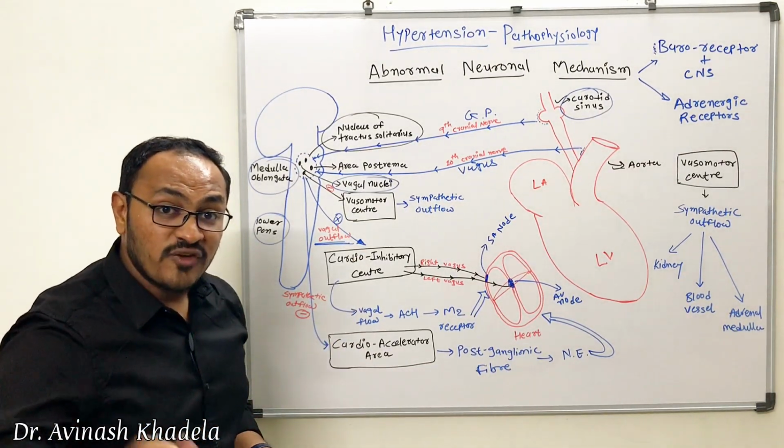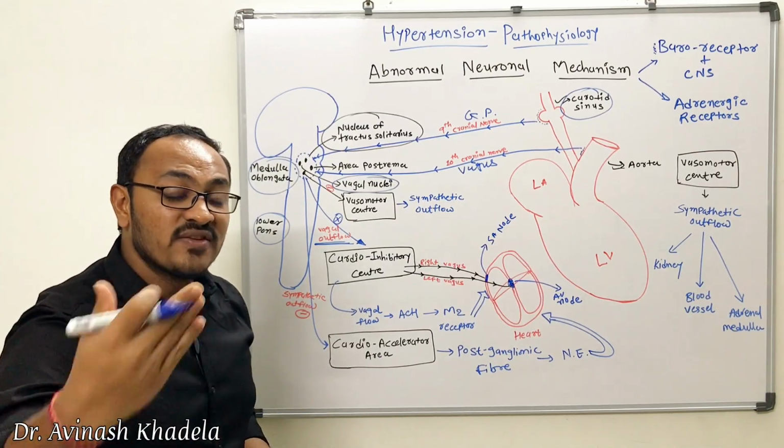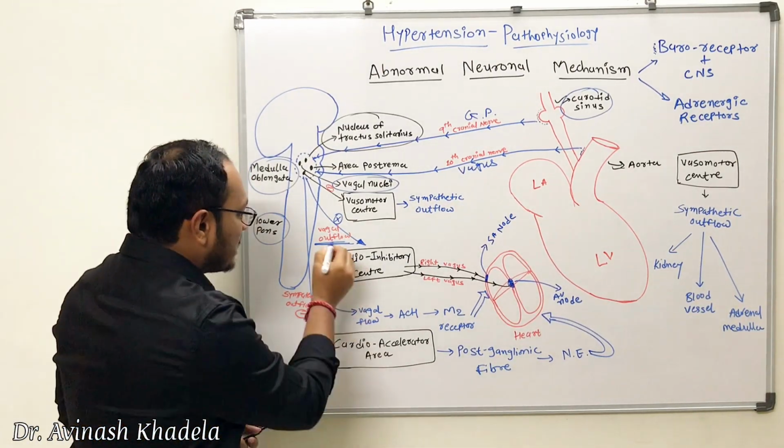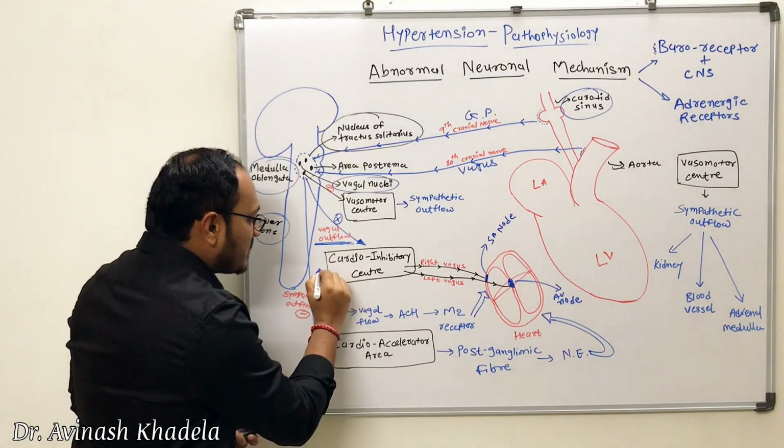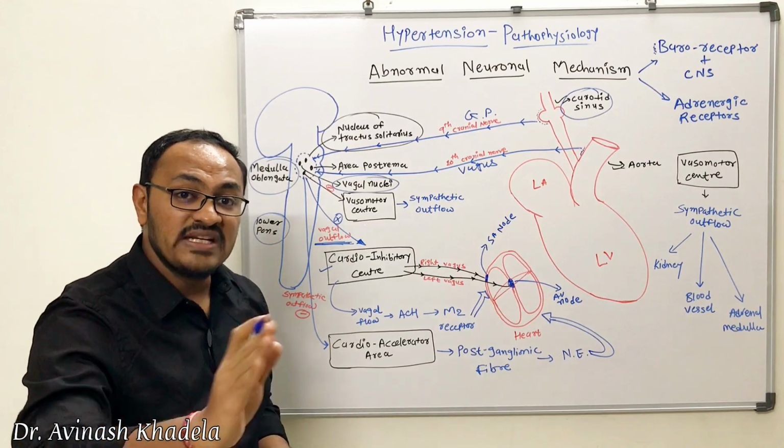We all know that vagal outflow is inhibitory in nature. Now let us understand how this vagal outflow works. This vagal outflow will stimulate the cardio-inhibitory center, which is present in the brain itself.